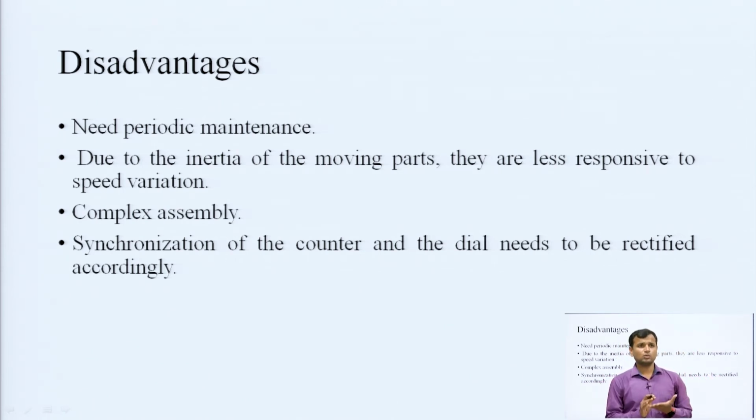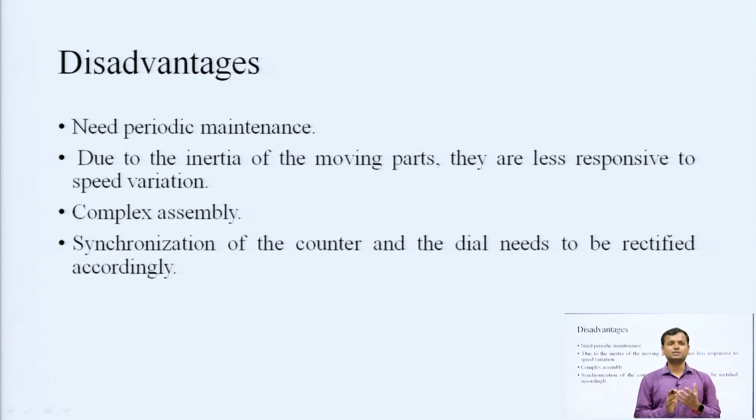So, it will not be used to measure very high speed because lots of moving parts are there in the construction. Because of those moving parts, they are less responsive to speed variation, so it cannot be used to measure high speed rotation.